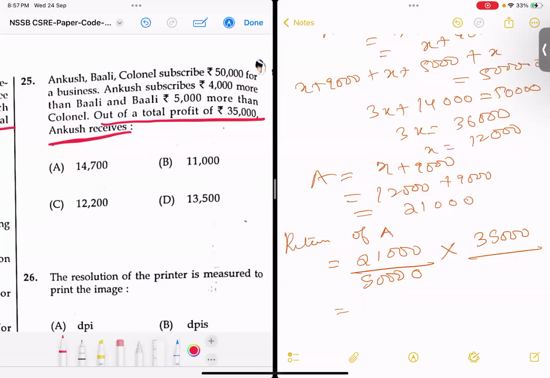If we do the calculation, you will get 14,700. So the correct option is A.